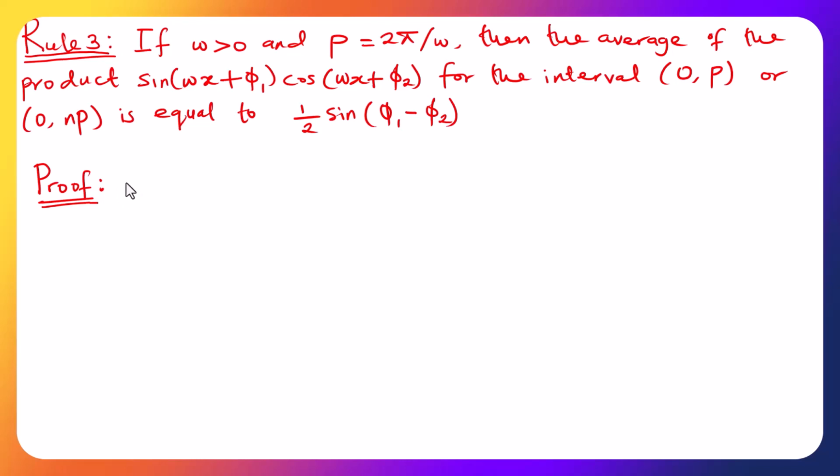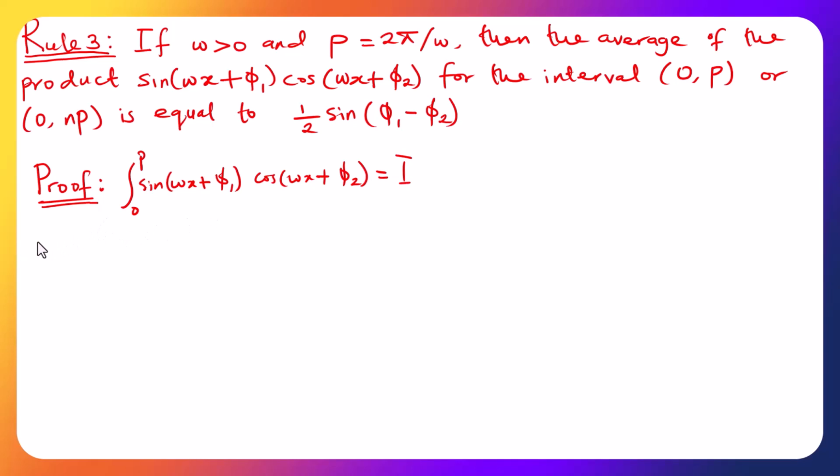So let's prove this very quickly. So we start by writing the integral from 0 to p of sine of omega x plus phi 1 cos omega x plus phi 2 equals I.